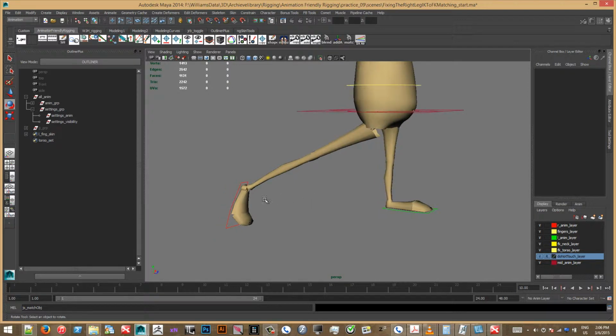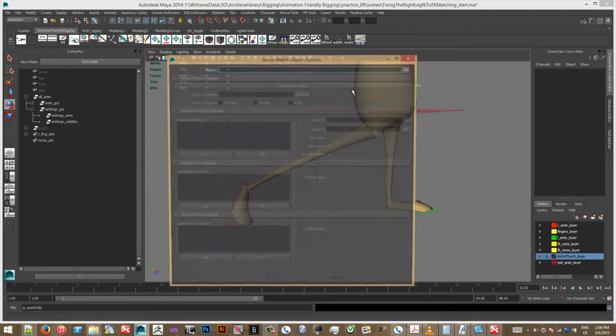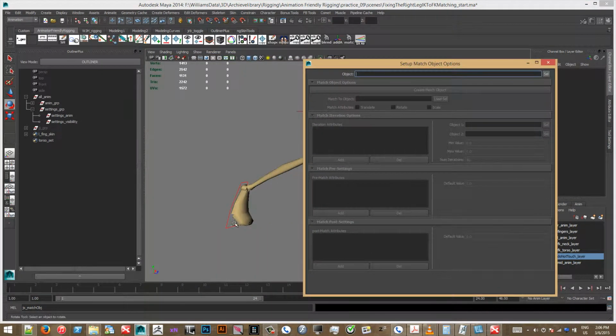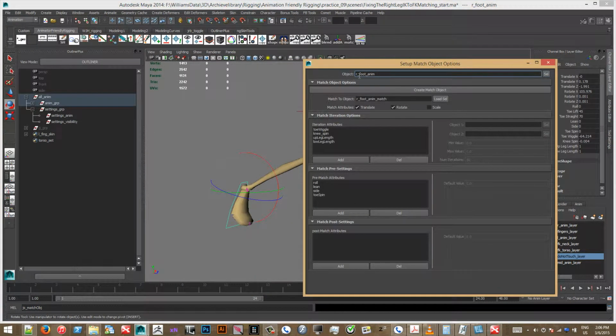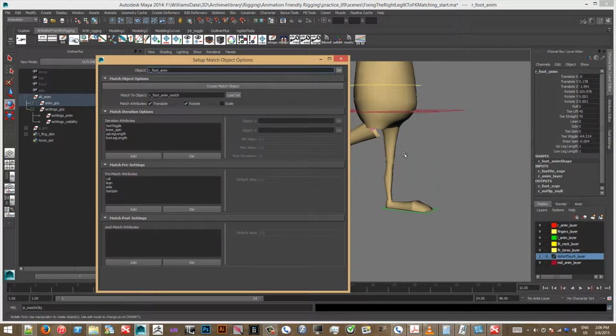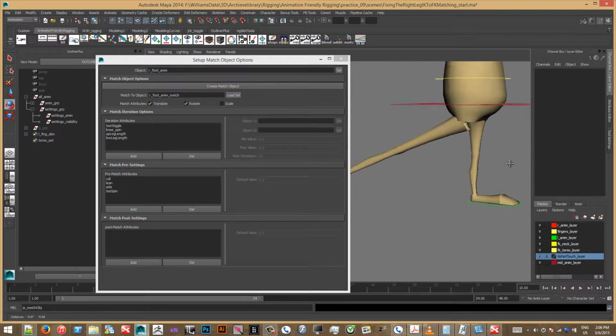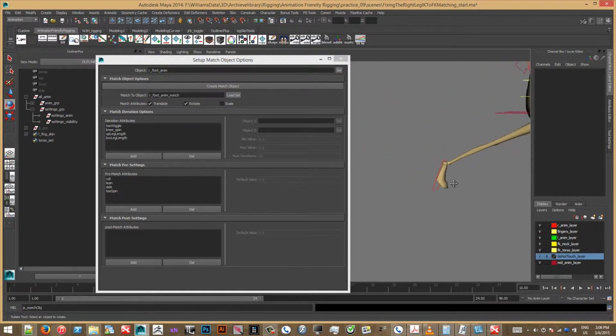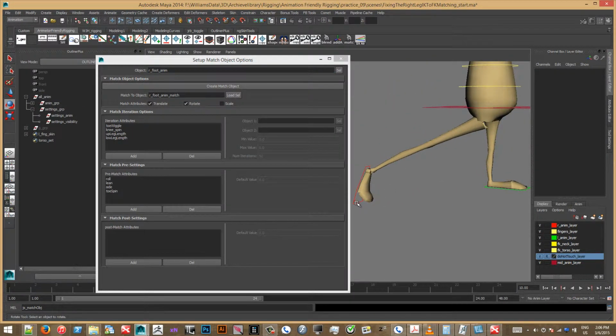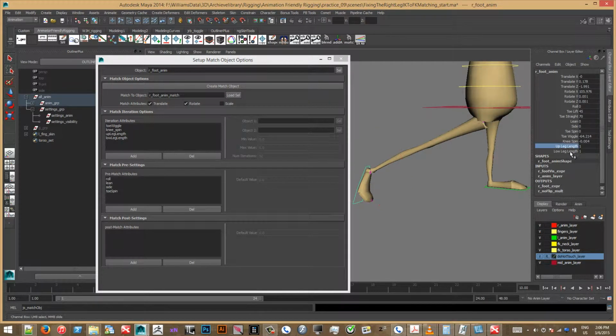So the problem with this is, let me bring this up. I'll load the rFootAnim. Okay. So the up leg length and the low leg length, they can't go below 0, right?